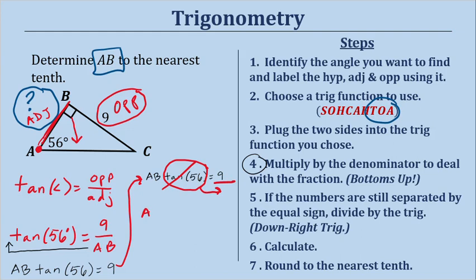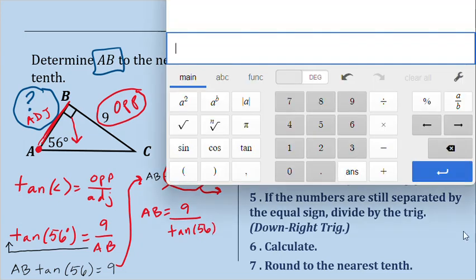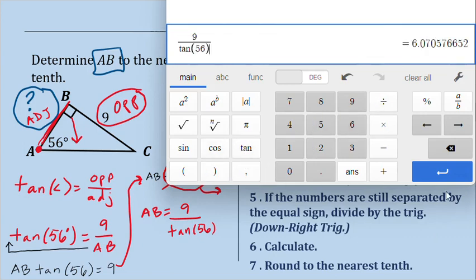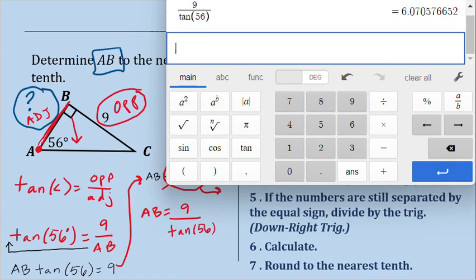So that means that AB is going to equal 9 over tangent of 56. And on my calculator, I'm just going to type 9 divided by tangent 56, which will give me 6.07, and so on.